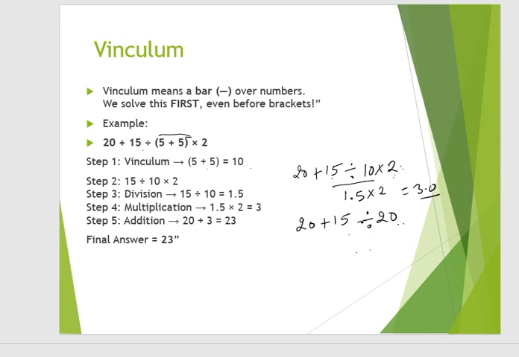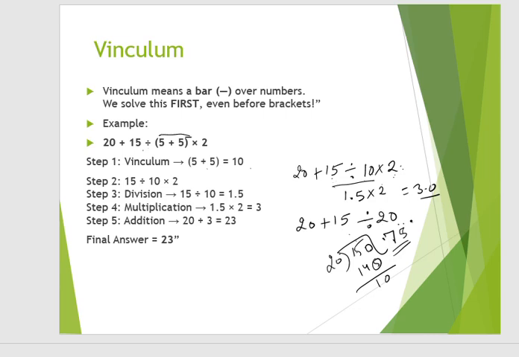So we first divide and then we go with the multiplication. I hope it is clear to you. Going the other way would give you something like 5.75. This is not the case. We are having the answer coming as 3. I hope it is clear.